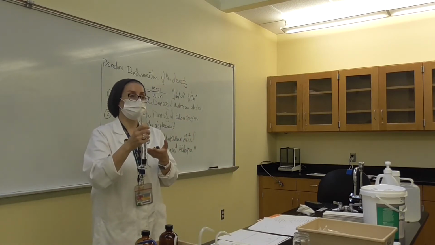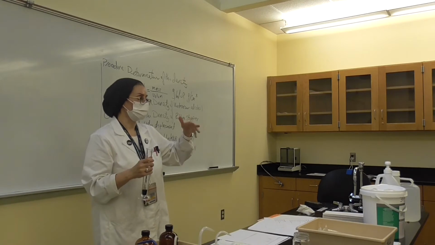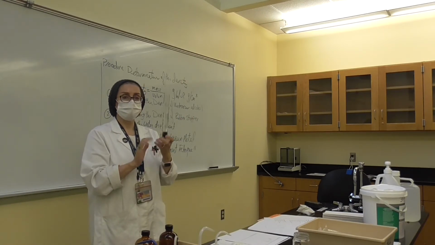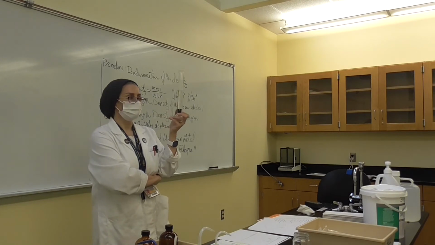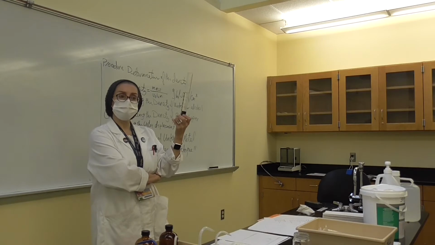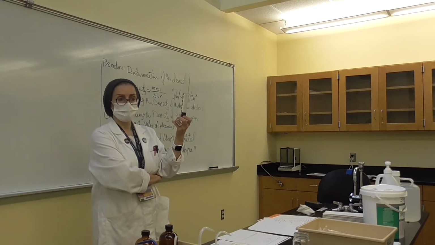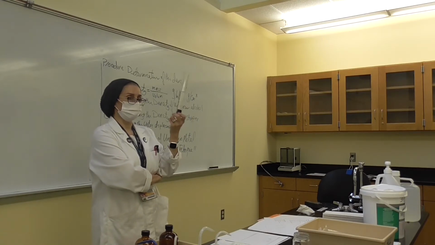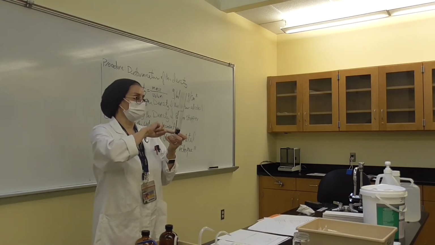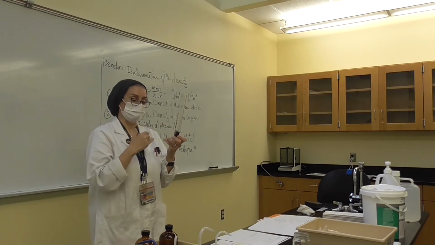So it was 60, went into 77. So what is the volume of this object? 77 minus 60 is going to be 17. So this is going to be the volume of your unknown rubber stopper.